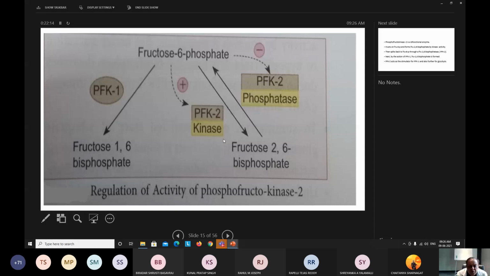This product will split back to fructose 6-phosphate by another enzyme called phosphofructokinase 2 phosphatase. From this fructose 6-phosphate, the action of PFK1, that is phosphofructokinase, takes place, and the final product, fructose 1,6-bisphosphate, will be formed. This is how it is managed by the presence of AMP, ATP, citrate, and fructose 2,6-bisphosphate. Okay.